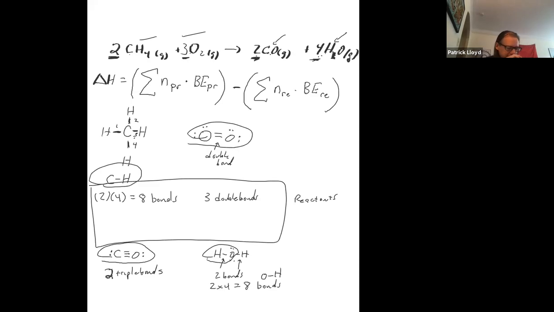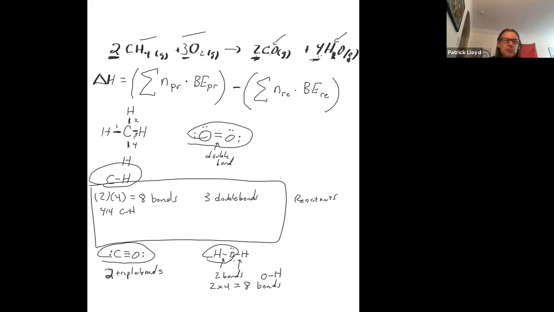Okay, so let me look the values up. The value for the CH is 414. So 414 for the CH.